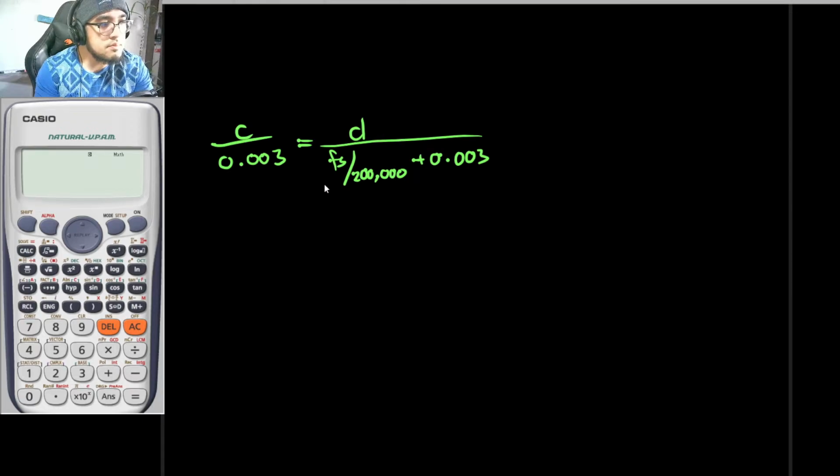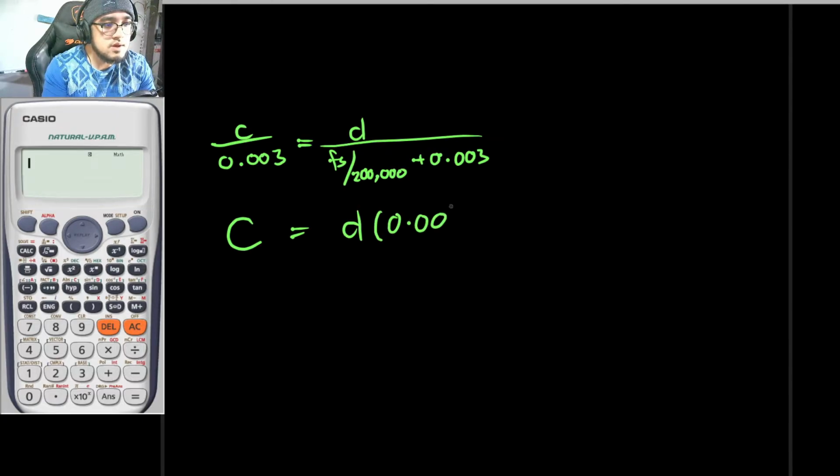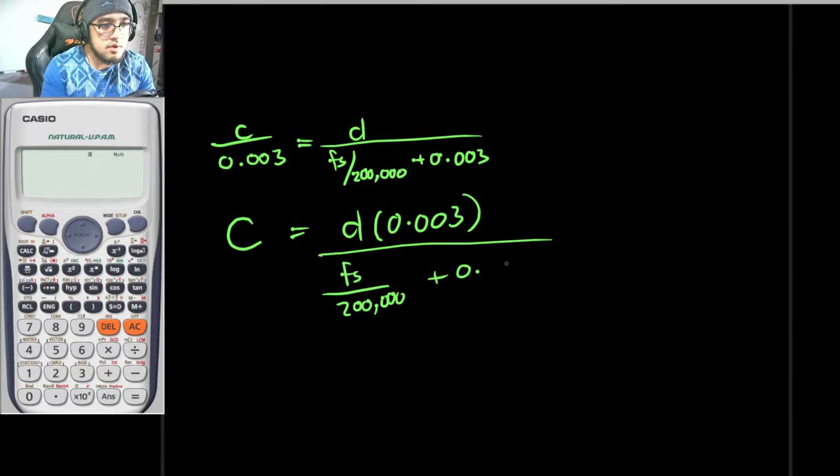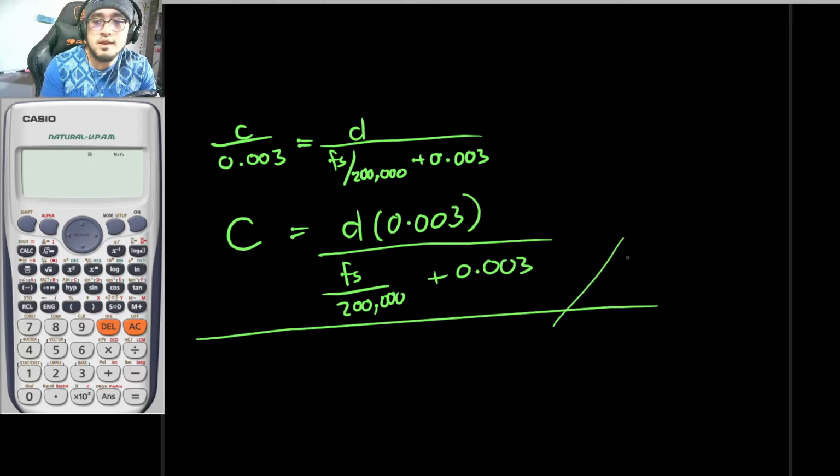And if we would be solving for the value of C, cross multiplying, this is now to be equal to D times 0.003 divided by Fs divided by 200,000 plus 0.003. So we can actually simplify this one by getting the least common denominator.